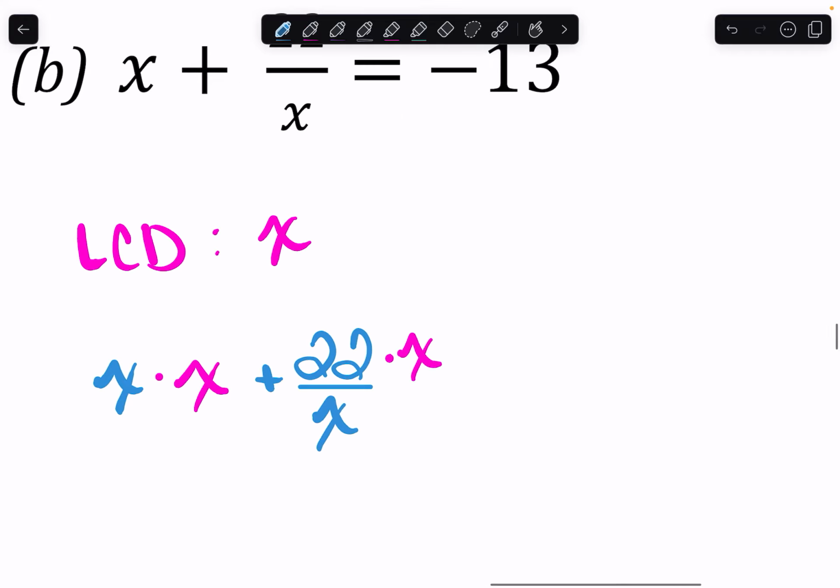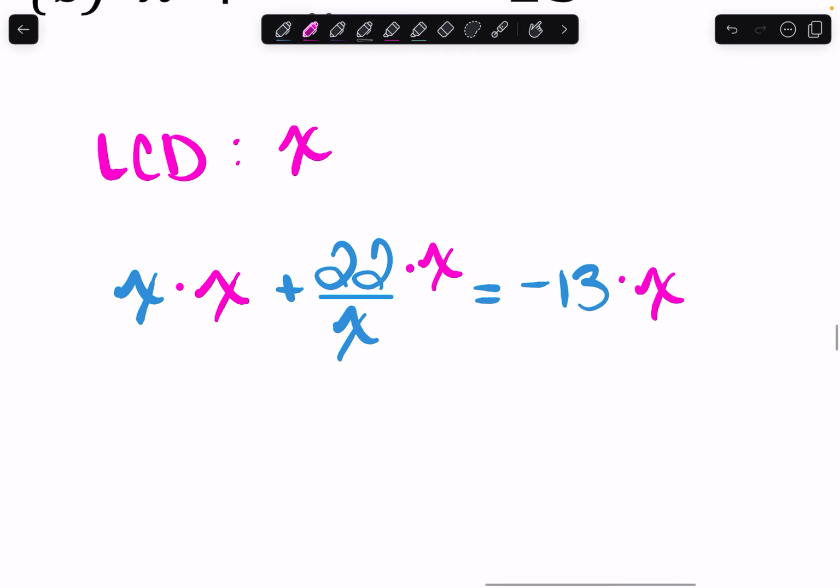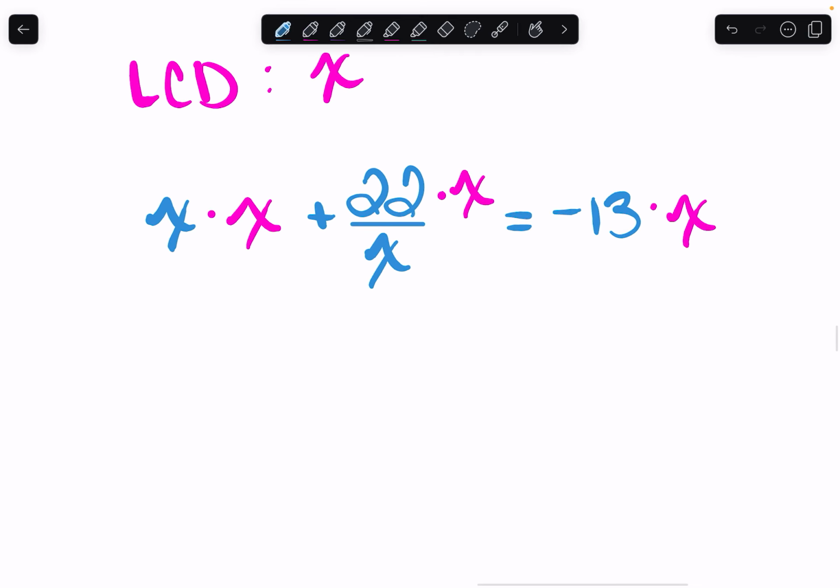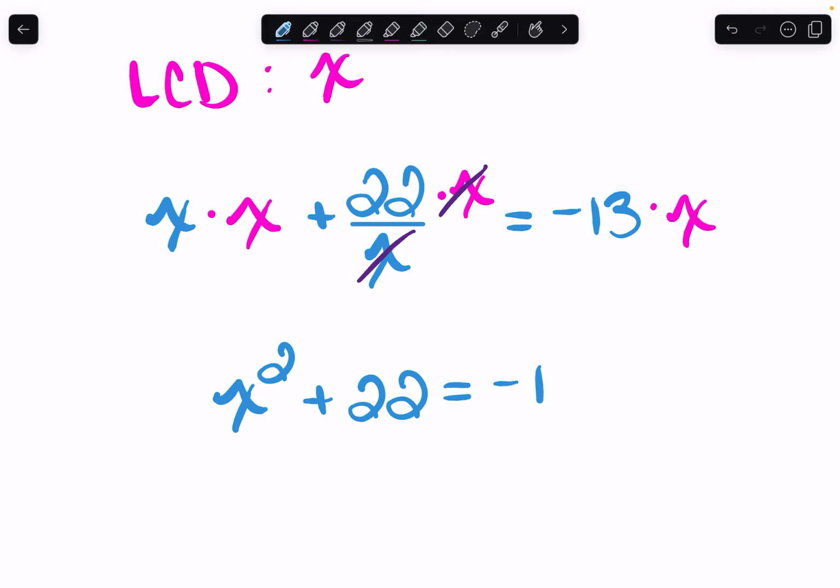And then we have our equals, and -13 also gets multiplied by the LCD. Every term on the left and right gets multiplied by your LCD. X times x is x squared. 22 over x times x, those are common factors, so those x's divide out. So we just have 22 equals -13x. So this is a quadratic.